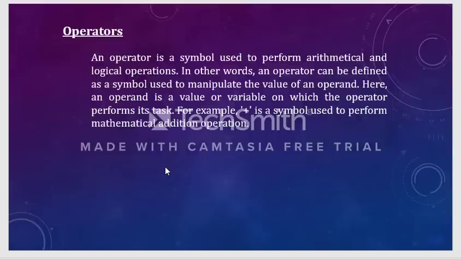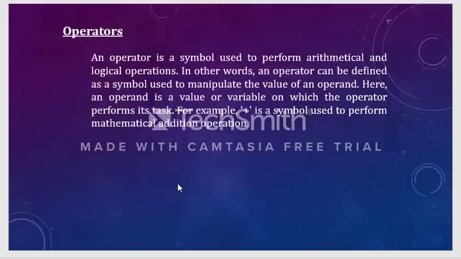That means the values on which the operator can be performed. Suppose we want to perform an addition between two numbers, a and b. We take the values of a and b, then perform the addition. The plus symbol is used to perform the addition between the two numbers. So a and b are called our operands, and the plus symbol we use to perform the addition operation is called an operator.